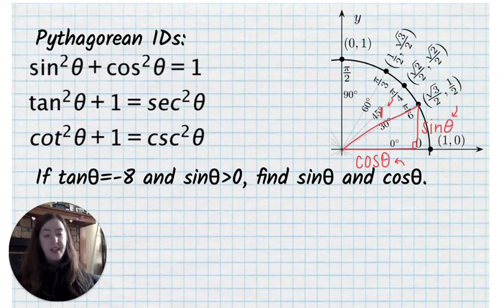So remember, we can't just put -8 over 1 and call sine -8 and cosine 1. That's not really how that works. So let's take a look. We have a value for tangent, so I would suggest using the Pythagorean identity that has tangent in it. Tangent squared plus 1 equals secant squared.